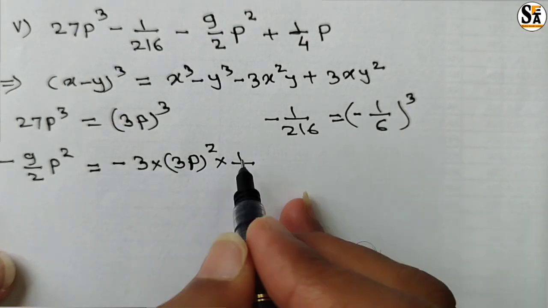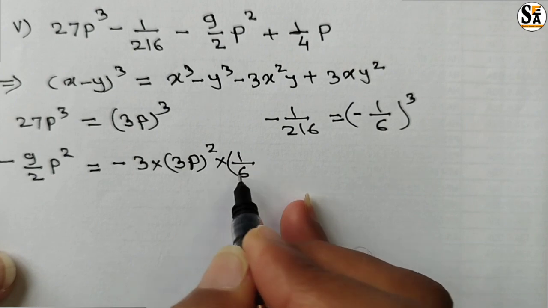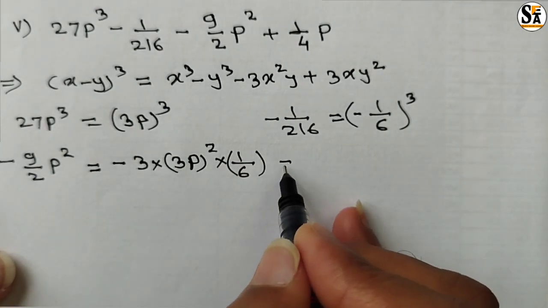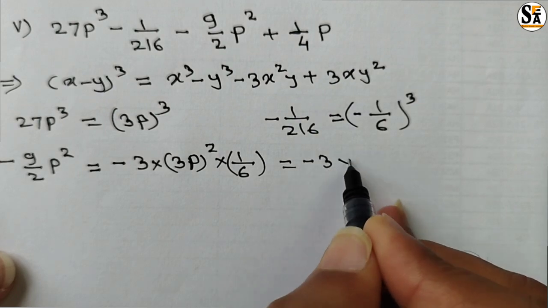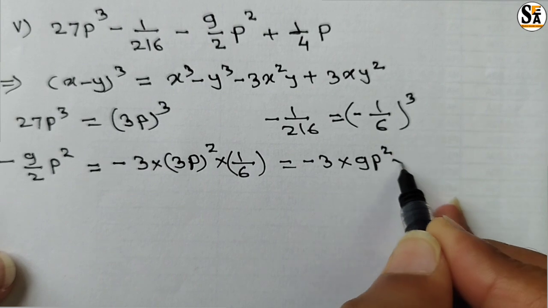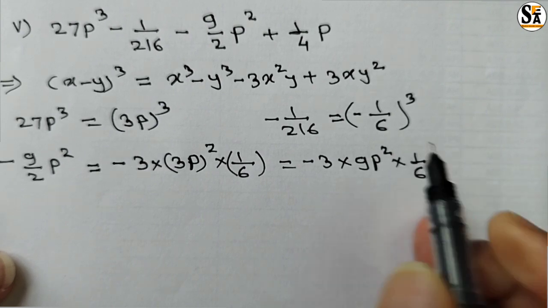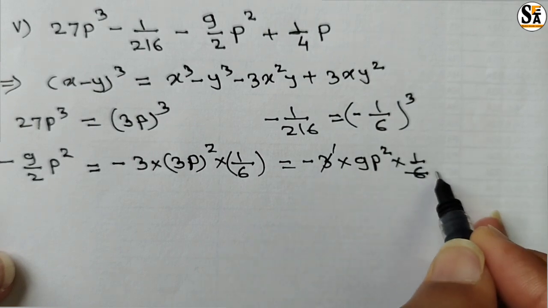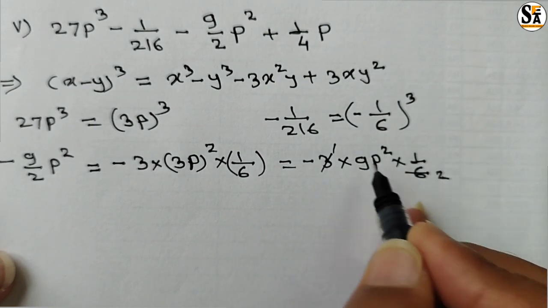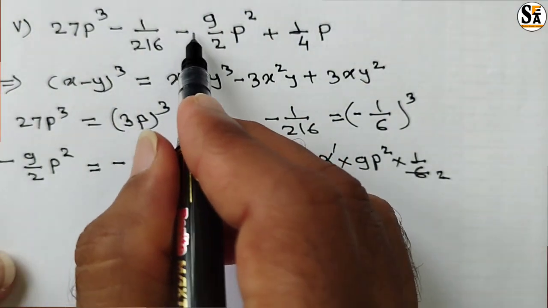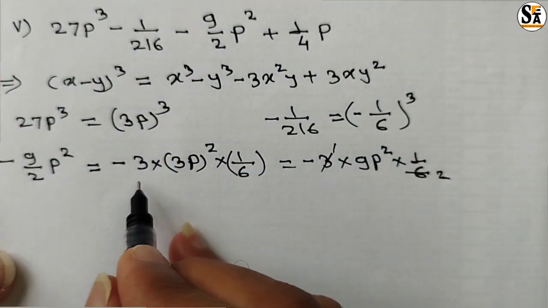If we take the multiplication, we will get minus 3 into 9p square into 1 upon 6. So 3 1 is 3 and 3 2 is 6, so we got 9 upon 2 p square. There is a minus sign. So this term, minus 9 upon 2 p square, we can write like this.